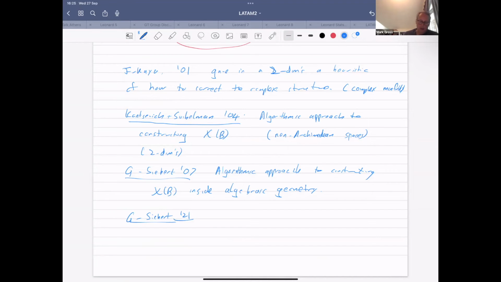We have an algebro-geometric approach to talk about holomorphic disks, and we show these give rise to X of B.